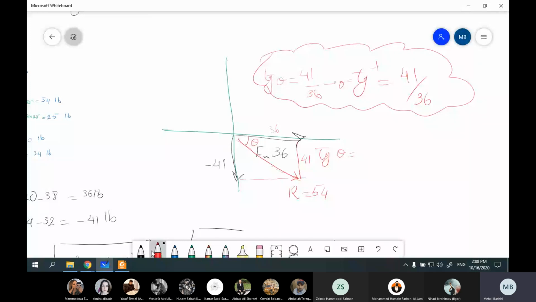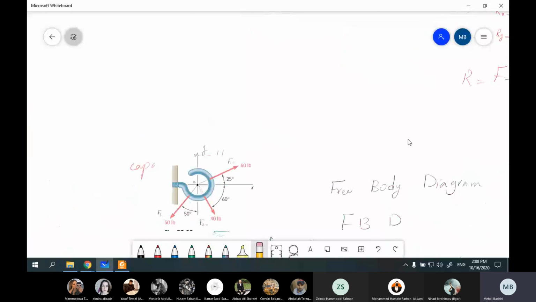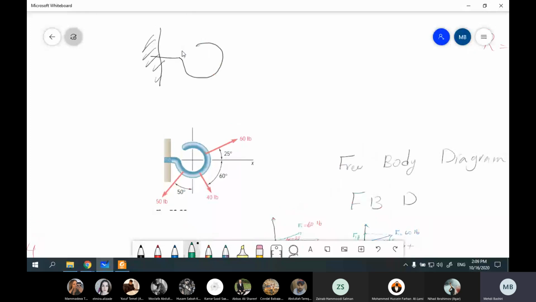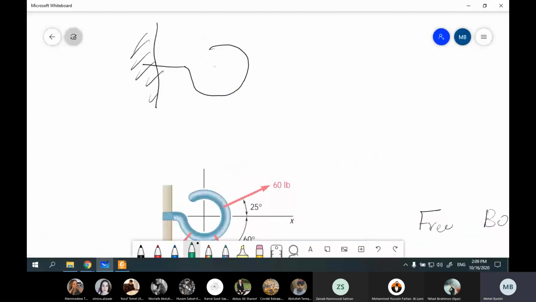So instead of all these complicated forces, I can show this bolt with just a simple single force like this, R, with the direction of theta.